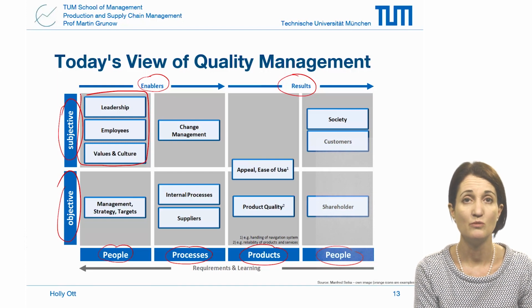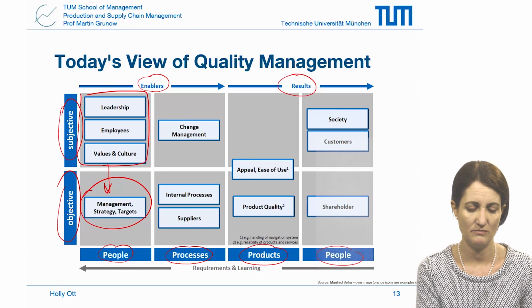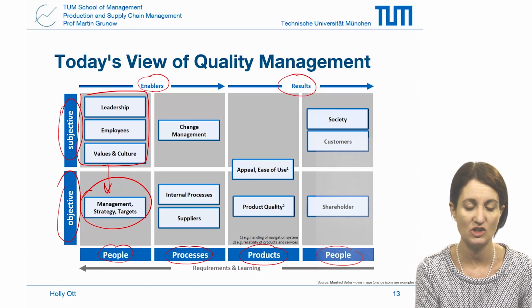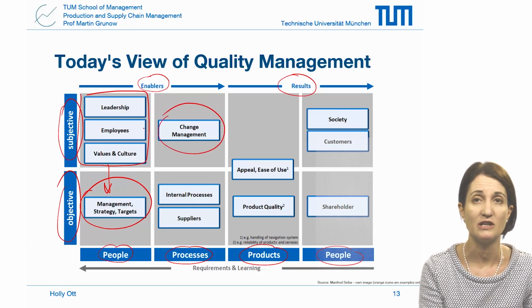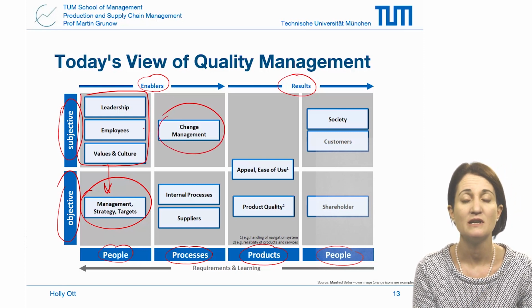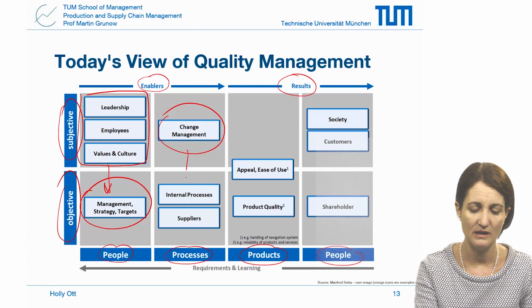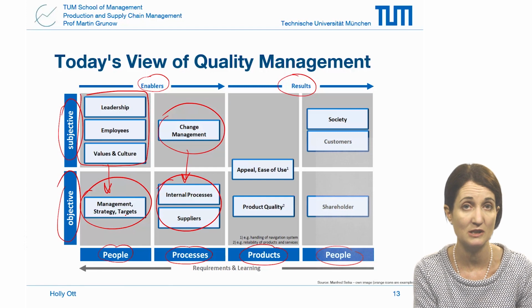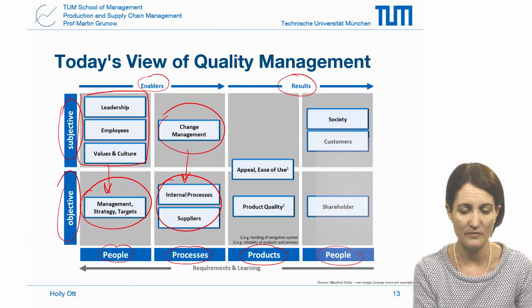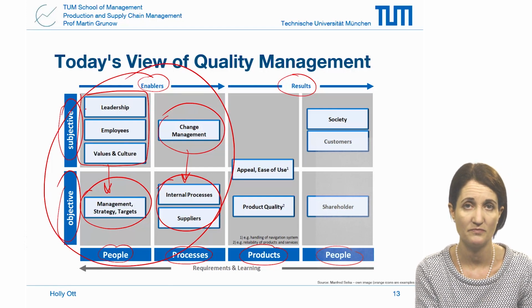And these then are translated into the objective targets, which become management targets, strategy targets, for example. Now, to do this then, you need to manage change. You need to accept and drive change towards a quality company. And these require then that you work with your internal and external processes with the suppliers, and these become then altogether enablers of a quality organization.